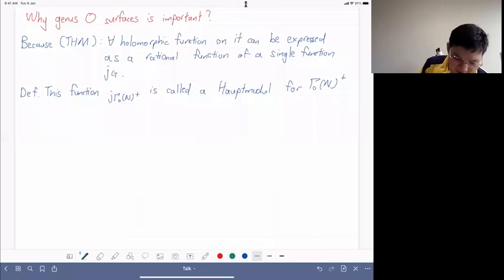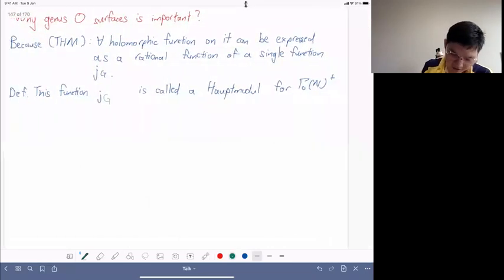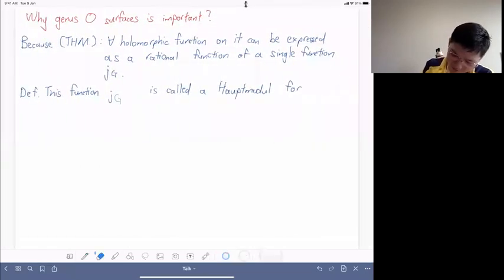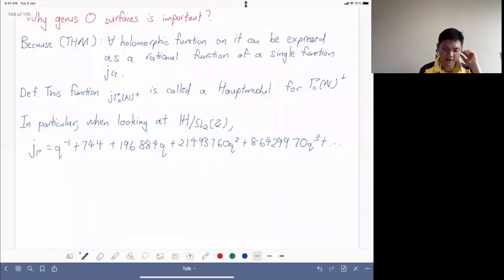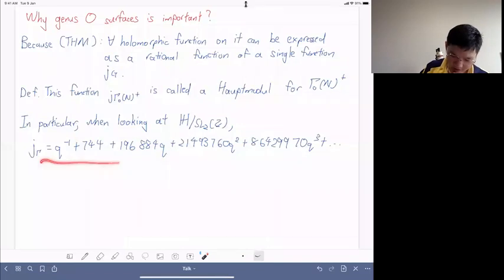Whenever this J function can help express the other rational functions, holomorphic functions, we call it a Hauptmodul. In particular, when we look at the hyperbolic plane model by the SL2 action, the Hauptmodul associated is exactly this J function that McKay looks at.